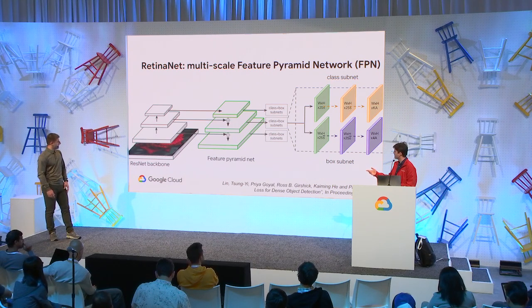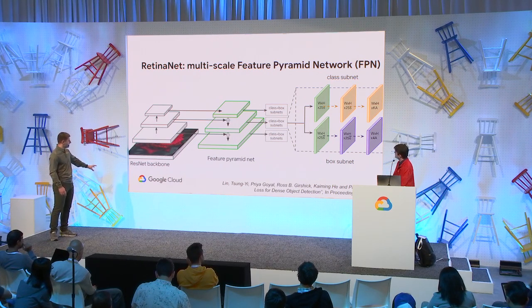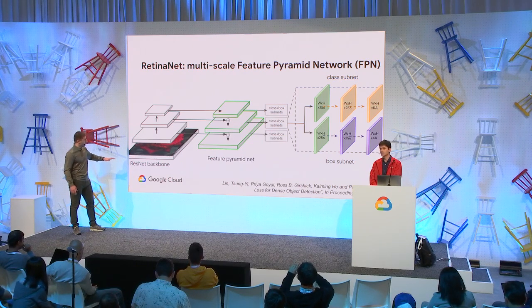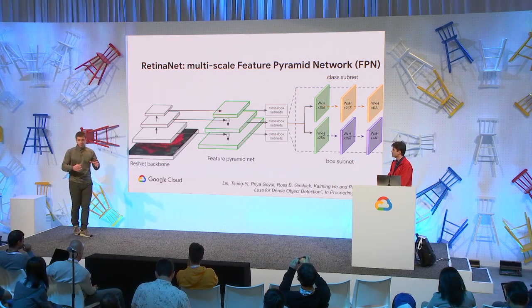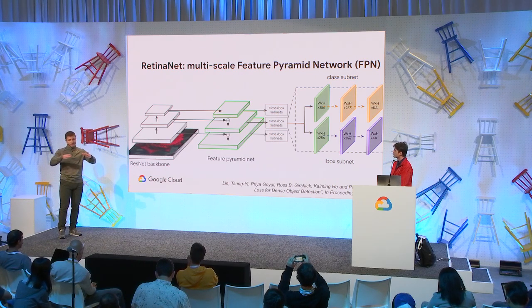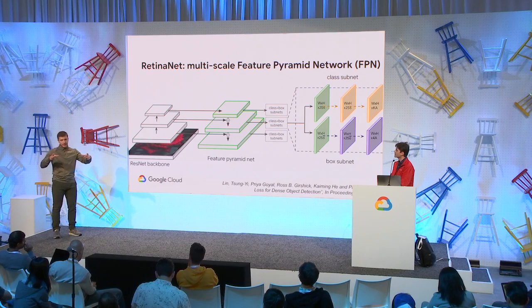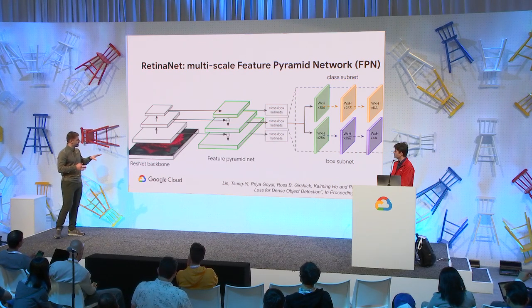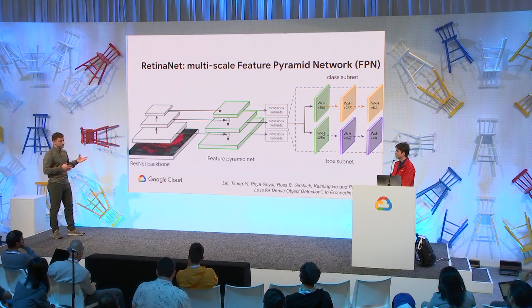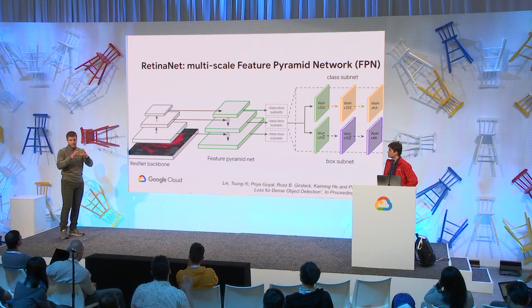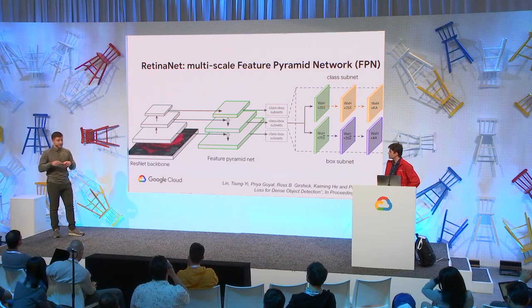It's a one-stage detector, and it uses ResNet as a backbone. It also relies on the pyramid structure of the neural network and the fact that it has pooling layers inside that gradually shrink the size of the image. This is helpful because when we want to do object detection, we want to be able to recognize objects at different sizes, at different resolutions.